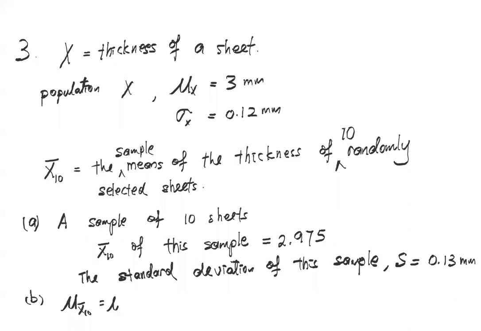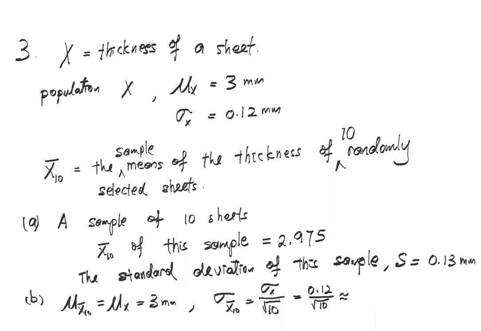Which is 3. And the standard deviation of this one is equal to population standard deviation divided by square root of 10. Then you get 0.12 divided by square root of 10. Then you get the approximate answer. Are you clear? If from part A you key into the calculator, that is the mean of a sample and the standard deviation for this sample.